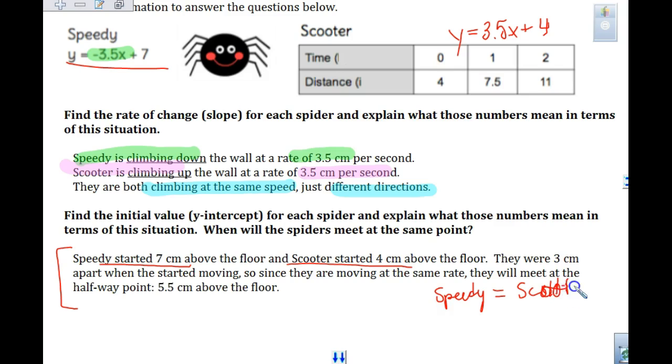Okay? So we're going to put Speedy equal to Scooter. Speedy's equation was negative 3.5x plus 7. Scooter's equation was positive 3.5x plus 4.